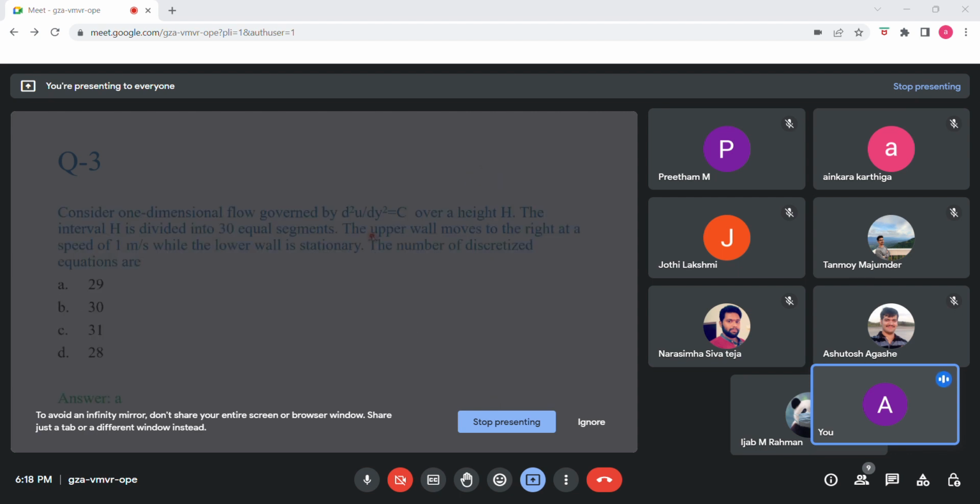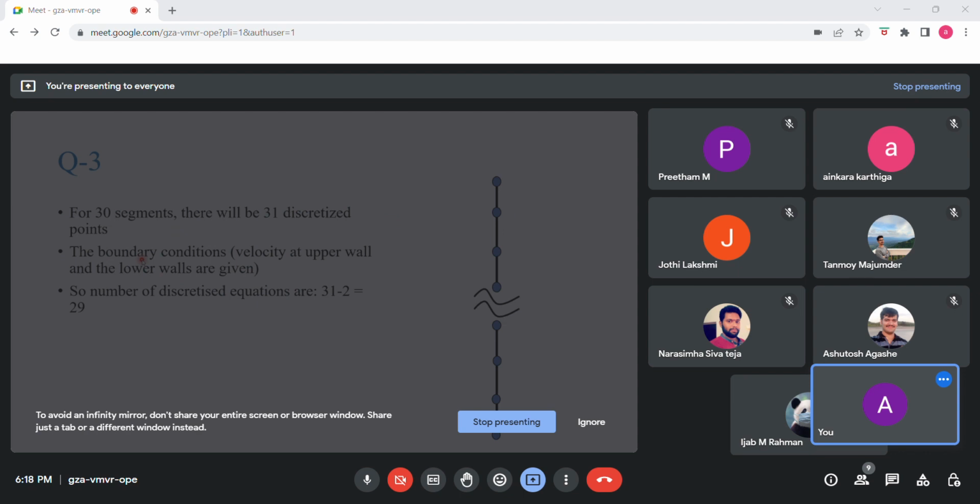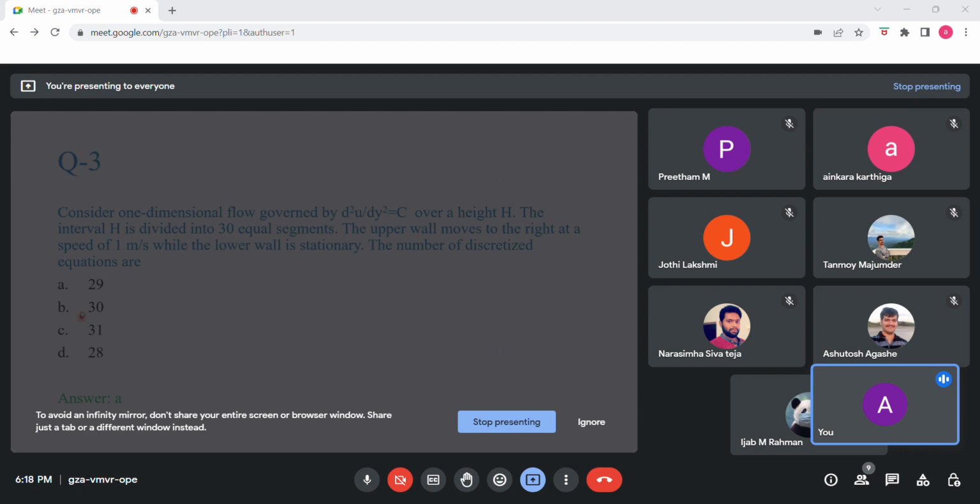Here the upper wall moves at the speed of 1 meter per second while the lower wall is stationary. So the number of equations will be 31 minus 2, which is 29. So the answer is option A, which is 29.